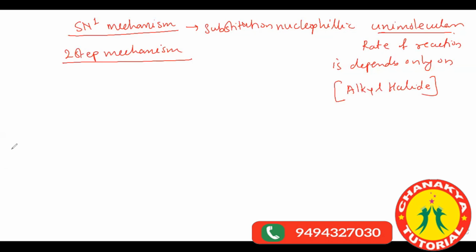Keep in mind that tertiary halides are more reactive in the SN1 mechanism. In terms of rate of reaction, tertiary halides are more reactive than secondary, and secondary alkyl halides are more reactive than primary in SN1. Why? Because it has two steps.